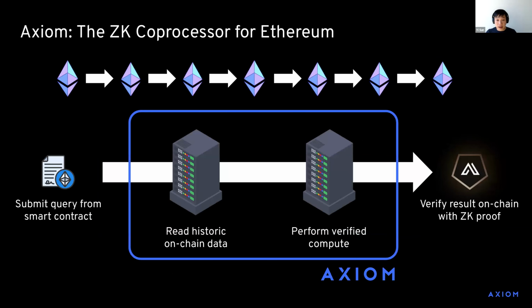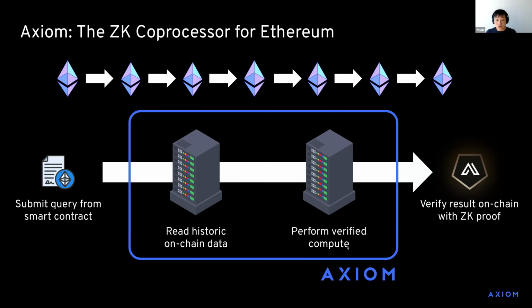So we packaged this up at Axiom into something we're calling a ZK coprocessor for Ethereum. What that means is that smart contracts can query into Axiom to perform two operations. First, to read historic on-chain data, and second, perform verified compute on that data. Once we come to a result, we post it on-chain and verify a zero-knowledge proof that it's valid.